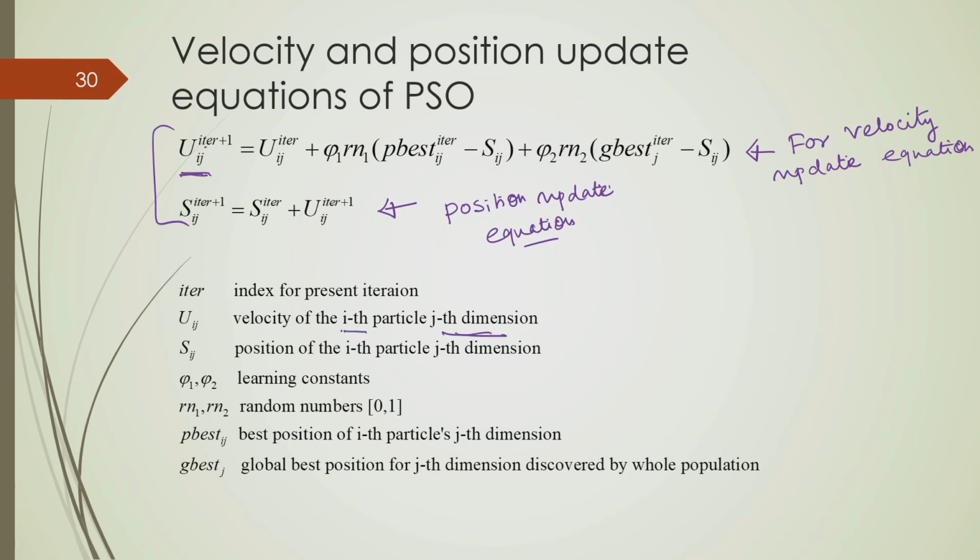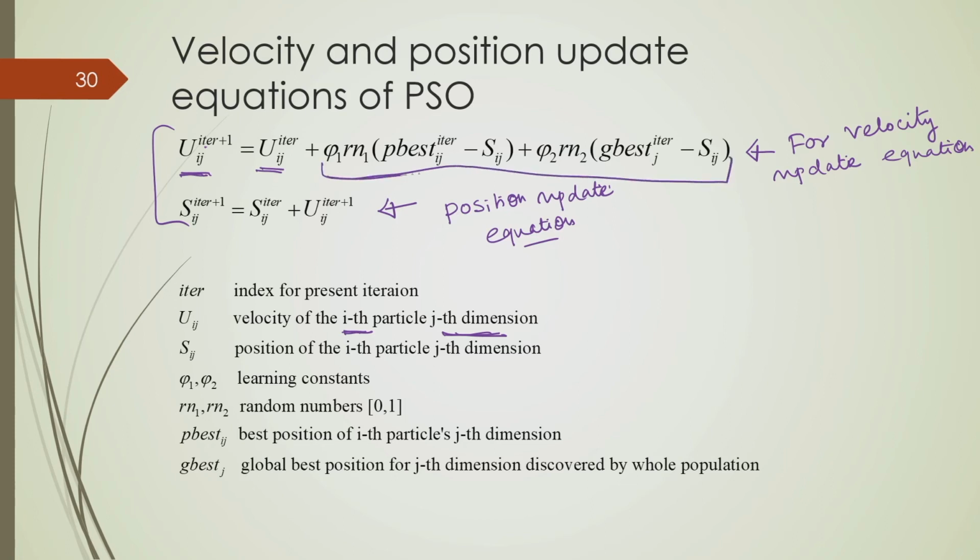That means this is for the jth decision variable. In fact, one particle consists of many decision variables. So, this is basically the ith particle, jth decision variable. And this is updated with the previous iteration velocity value, plus these two terms.